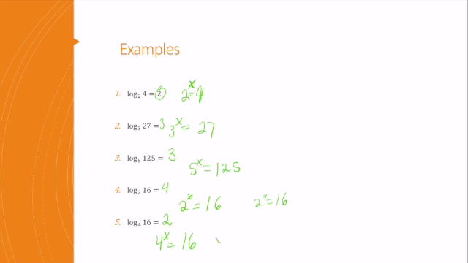And that's going to be 2, because 4 squared equals 16. So I would definitely recommend practicing between the logarithm and the exponential notation. That's how I really learned to get these down.